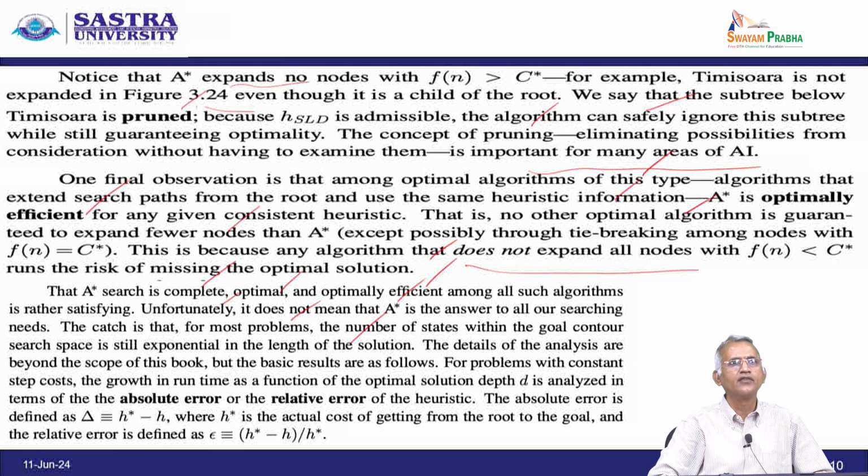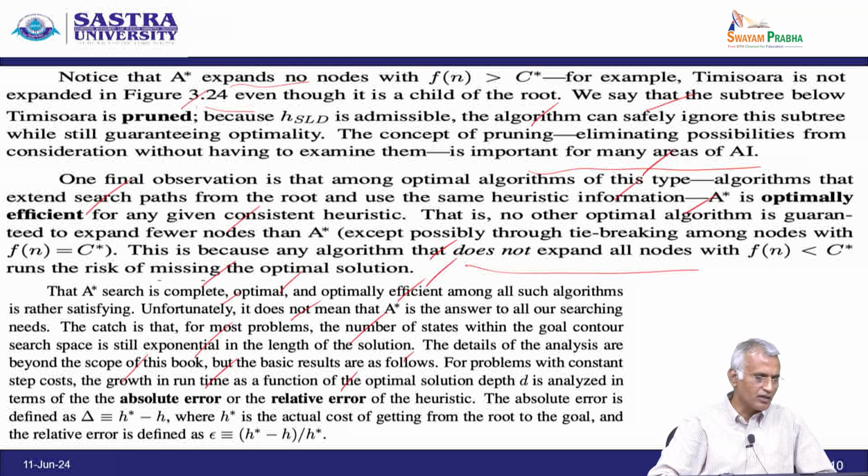The details of the analysis are beyond the scope of this talk, but the basic results are as follows. For problems with constant step cost, the growth in runtime as a function of the optimal solution depth d is analyzed in terms of the absolute error or the relative error of the heuristic.